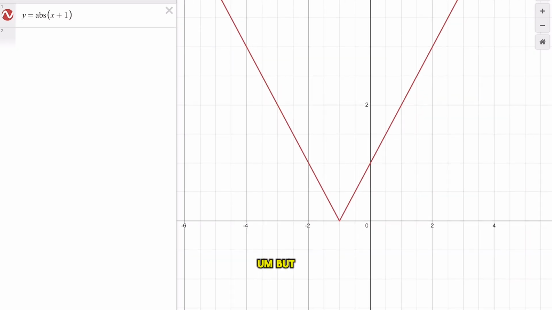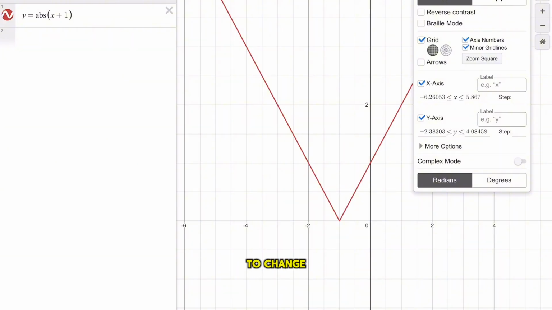But I think there's a way to change the viewing rectangle here. So if you look here where it says x-axis, it's going from negative 6.2 something to 5.867, whatever. And then the y-axis also. So that's just what that problem is talking about.